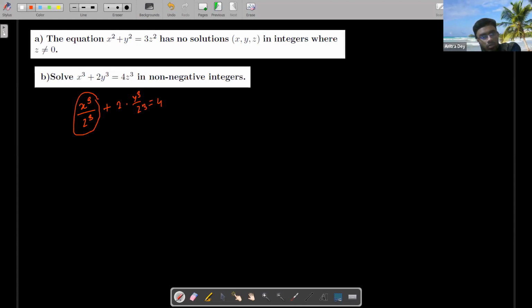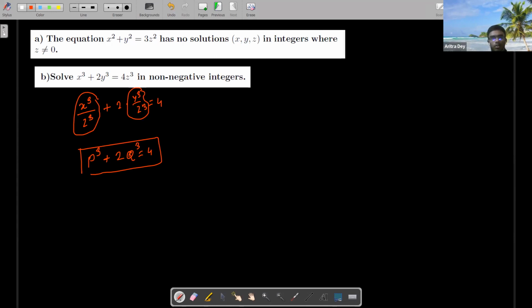Now observe that these are two rational numbers, so you can assume p cube plus 2 q cube equal to 4, right? So this particular problem can be stated in this way. Even this comes up in several contexts, to prove that on this particular curve there is no rational point.